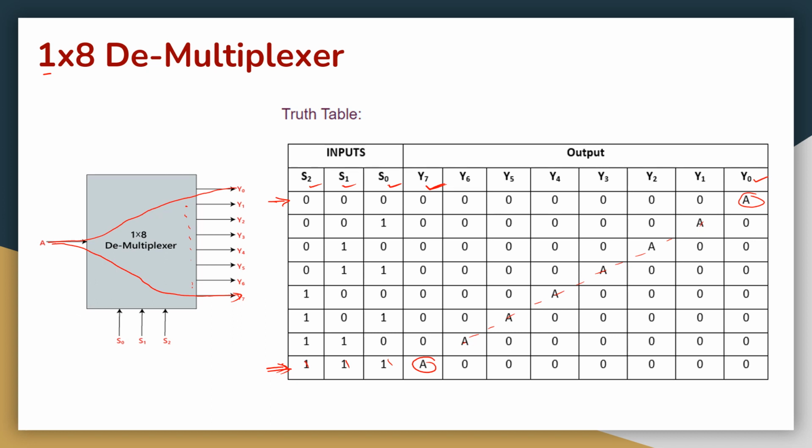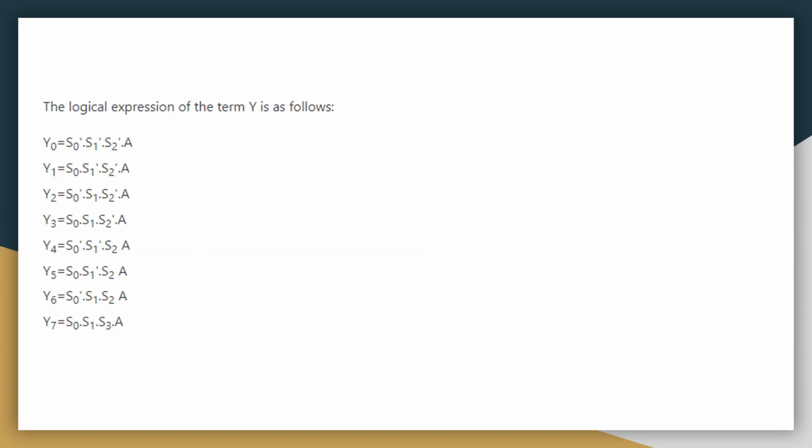Same as the 1:4 demultiplexer, in the same manner we can go for expressions for Y0, Y1, Y2, like that Y7, in terms of S0, S1, S2 and A. So I will show you that analysis part.